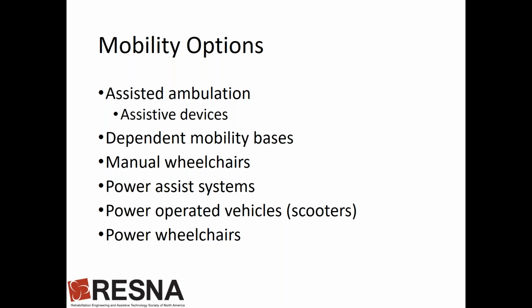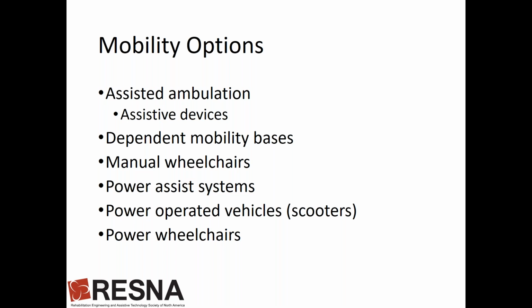Somebody may need a dependent mobility, so it may be a tilt and space manual chair, or it may be an upright chair. Sometimes when people are needing just a basic upright manual chair, they may not come to seating experts because it may be something that doesn't require a specialty exam, but we need to make sure that that system has the features that the family's going to need.